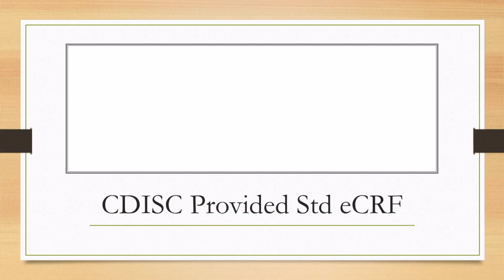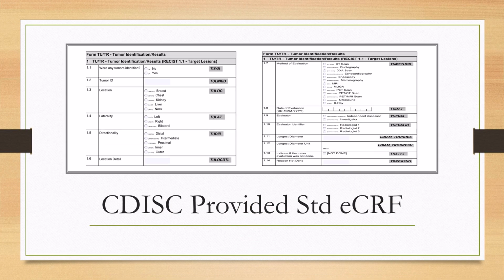Now let's see a standard eCRF provided by CDISC. Right now I'm showing you the standard eCRF format provided by CDISC, and you can see here how the TU or the TR information can be captured on the CRF form. First of all, the first question is: were any tumors identified?